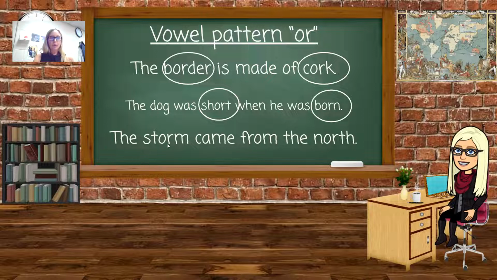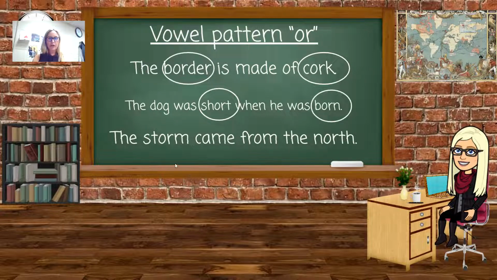Okay, let's look at our last sentence. The storm came from the north. The storm came from the north. All right, pause the video here. You're going to be writing down your words that have the or sound.